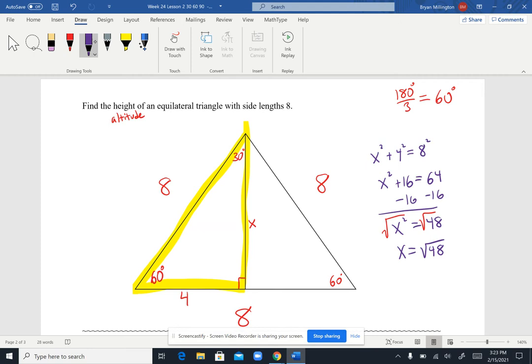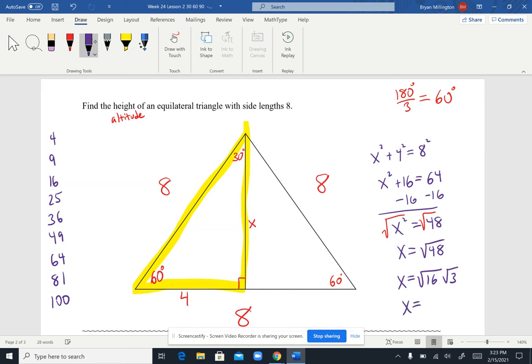But let's see if we can simplify this radical. I'm going to make that list of those perfect squares that we use when we're simplifying radicals. I could have stopped already because these numbers are getting to be bigger than 48. But go ahead, see if you can find one that goes into 48. Hopefully you found that 48 can be broken up into 16 times 3.